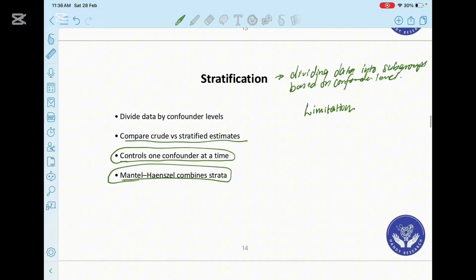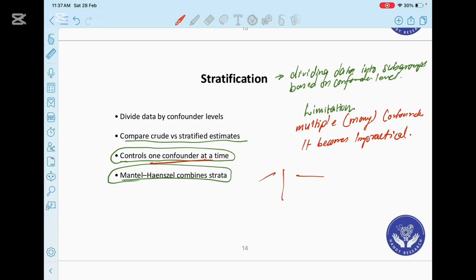So what is its limitation? It is limited with multiple confounders. If there are many confounders, then stratification becomes impractical. It is only suitable for one confounder at a time, so that we can stratify the data and calculate the association.